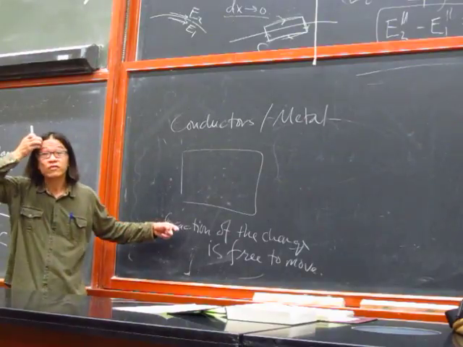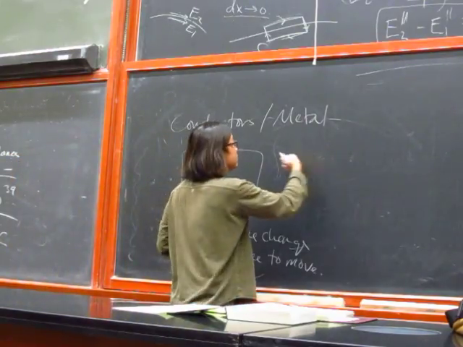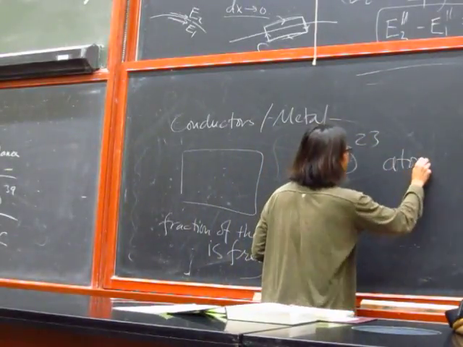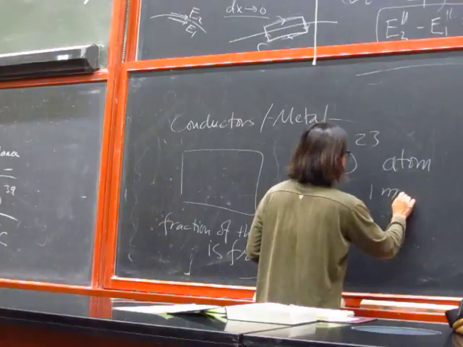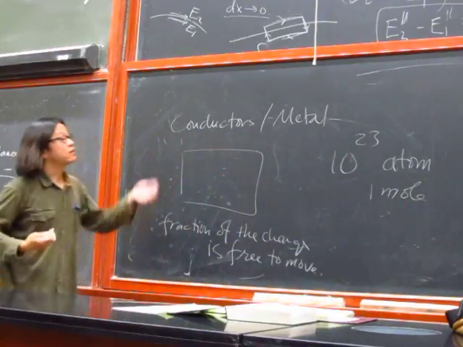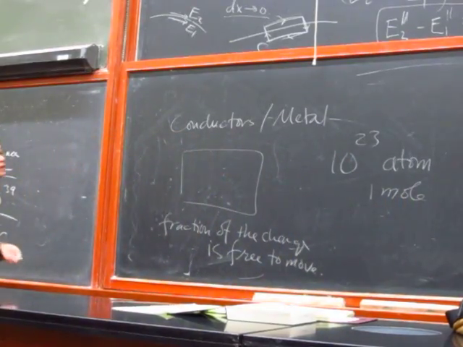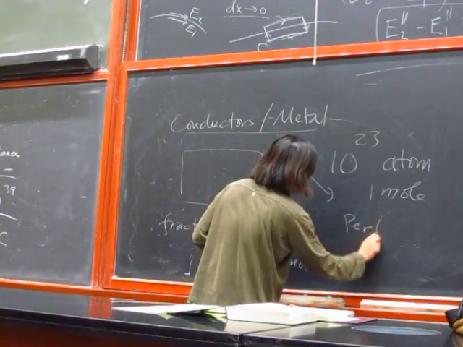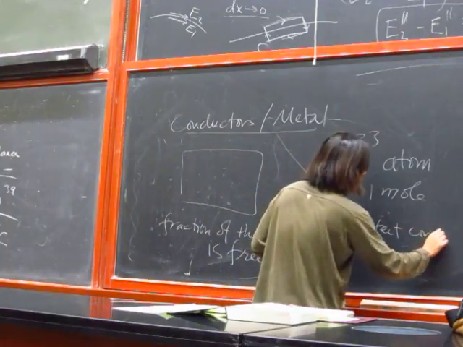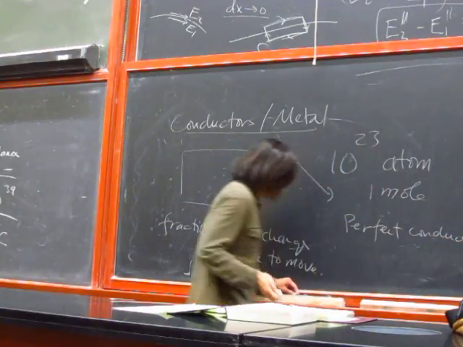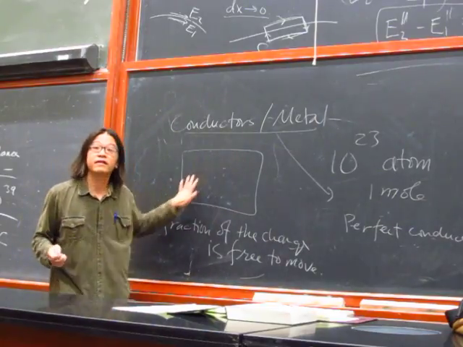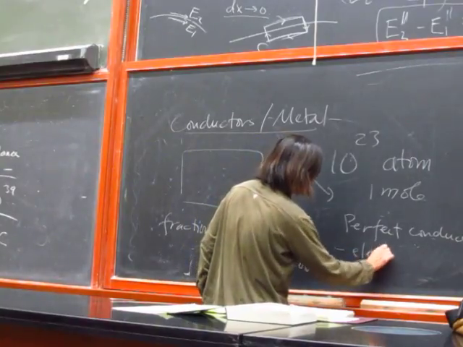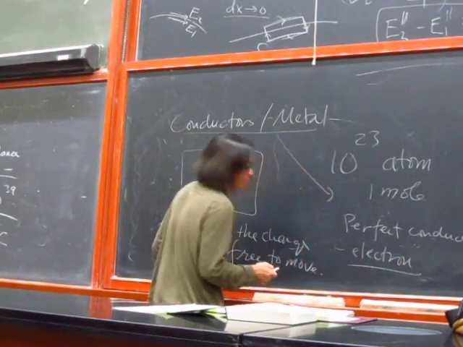It doesn't require much. Say a block of metal has 10 different atoms, just one more, only a small fraction gives you a lot of forces already. And in what we call a perfect conductor, we consider a situation where charge can move freely inside. Okay, and it's actually electrons that can move freely.